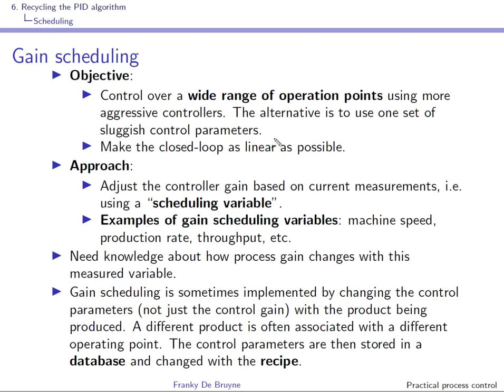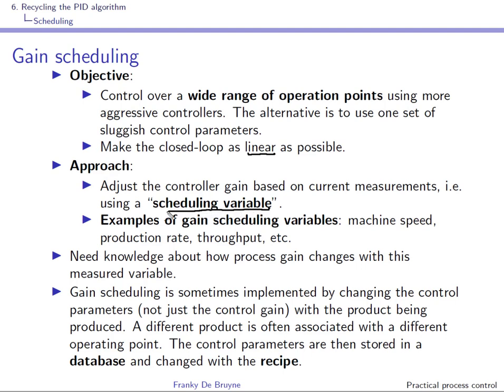Well, what you're actually doing is make the closed loop system from set point to PV as linear as possible. The approach, as we have seen, is to adjust the controller gain based on a measurement that is an indicative value of the operating point. So it's based on a scheduling variable.